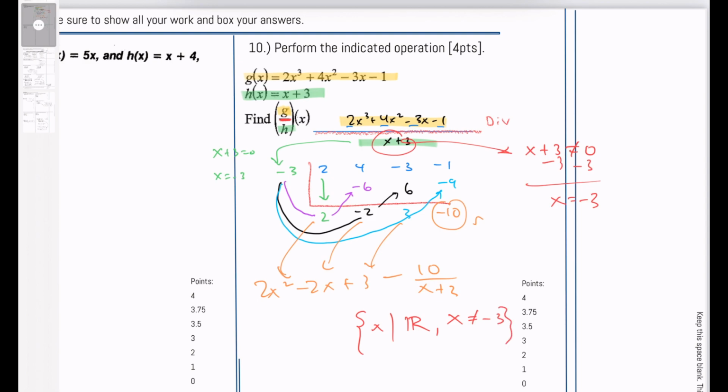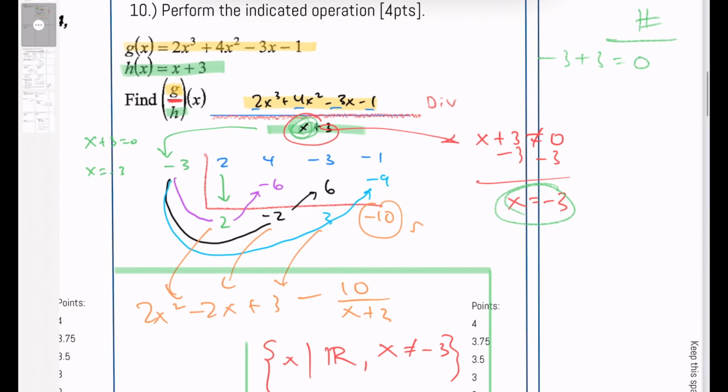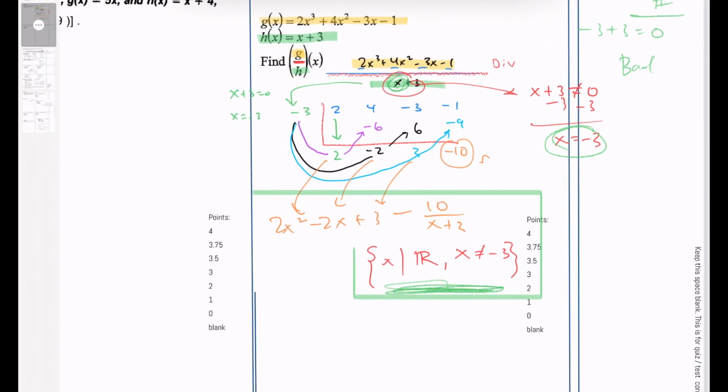Why can you not? Well, let me first box this. This is my answer there. Why can you not have x equals negative 3? Because if you put in negative 3 here, you'll get negative 3 plus 3, and this equals 0. And any number divided by 0, this is bad. You can't do that. So that's why we're saying the domain is restricted.